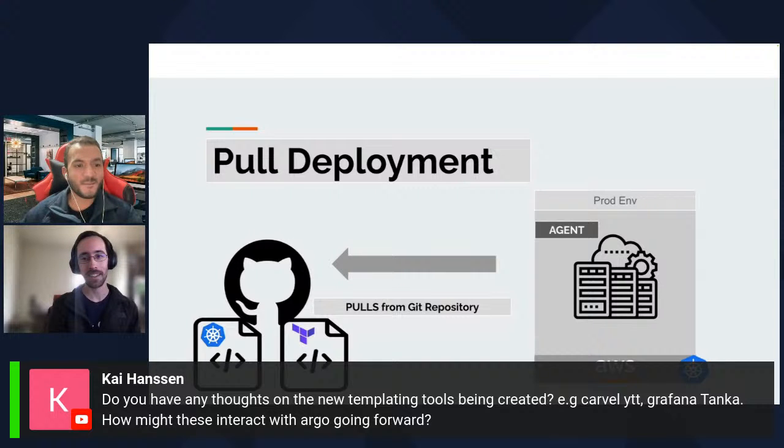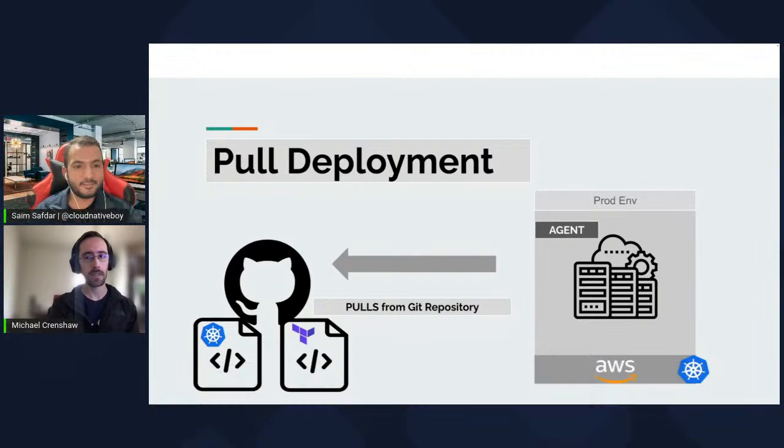I do have thoughts. I think they're really, really exciting. So Argo CD currently supports three different config management tools natively: Kustomize, Helm, and Jsonnet. That covers a lot of users, but it doesn't cover them all. And a lot of folks are really interested in YTT and Tanka support.